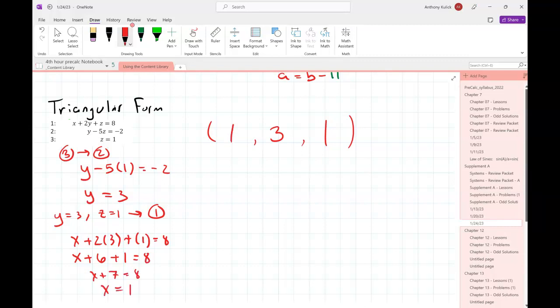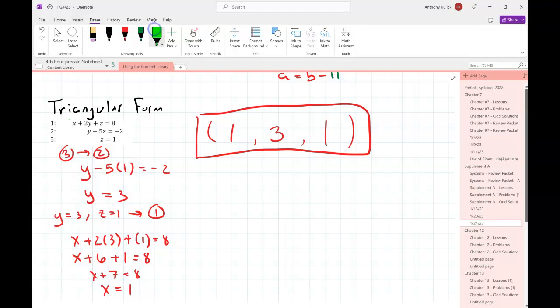So I get x equals 1. And that was tremendously fast, right? Very easy to do that.